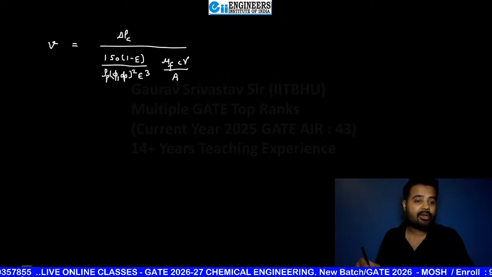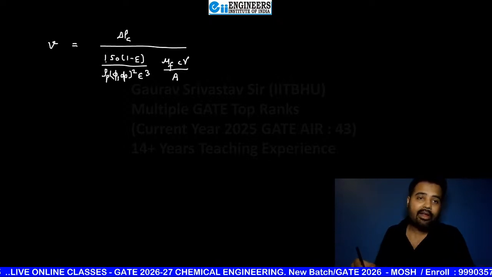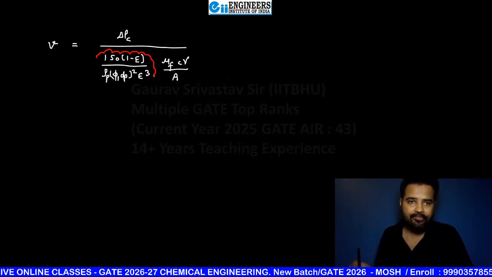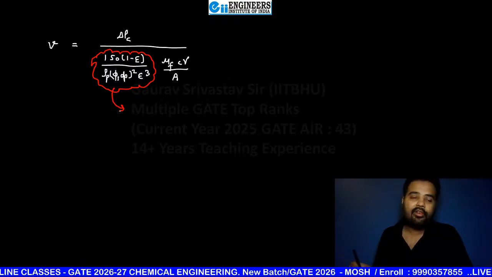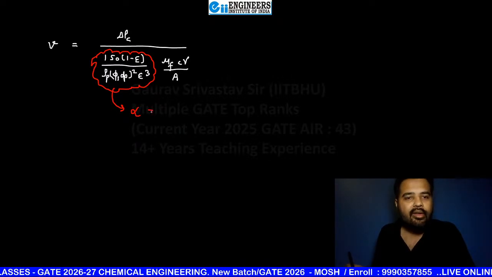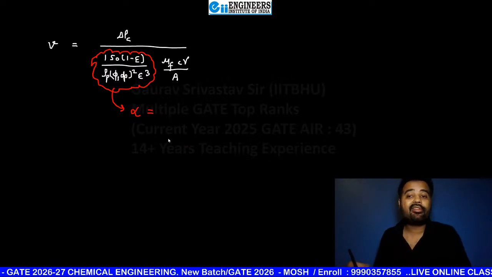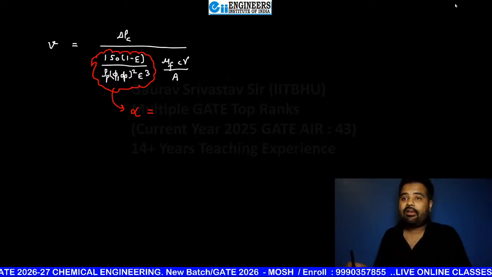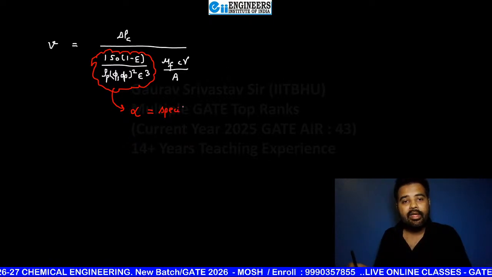You're absolutely correct. Now the beautiful thing here you have derived already. See this term beta. For cake filtration, this term is represented just as alpha, and this alpha is known as the specific cake resistance.